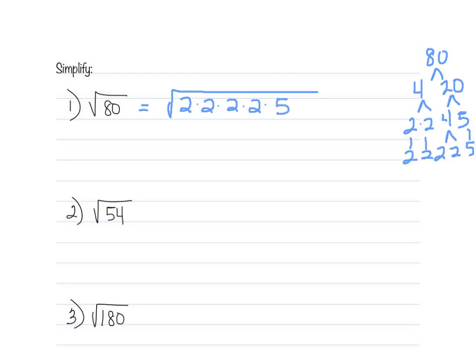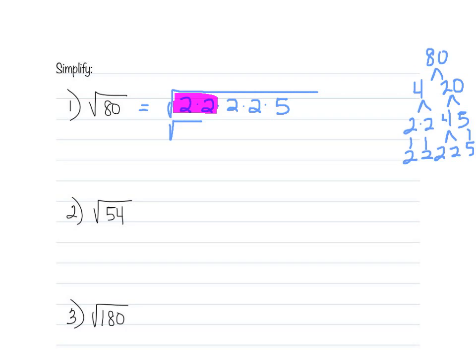Now, I can rewrite this way, as I match pairs of identical factors. What I'm doing is pulling out squares that are factors of my radicand.